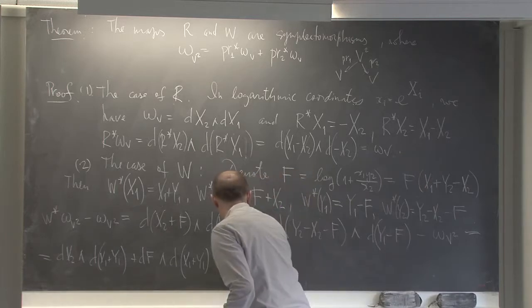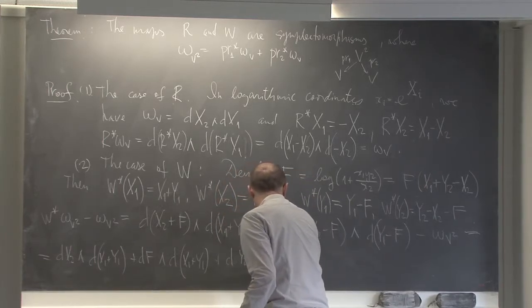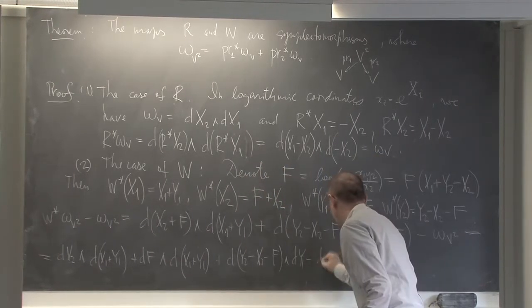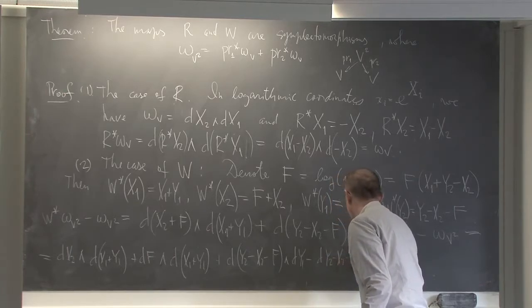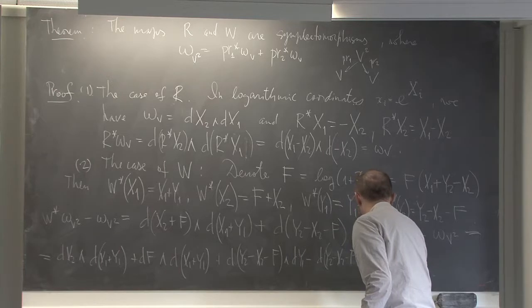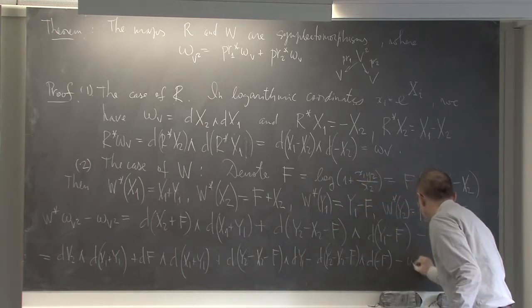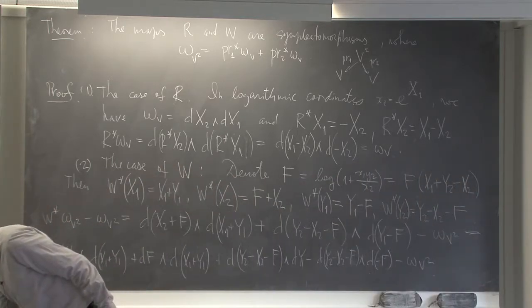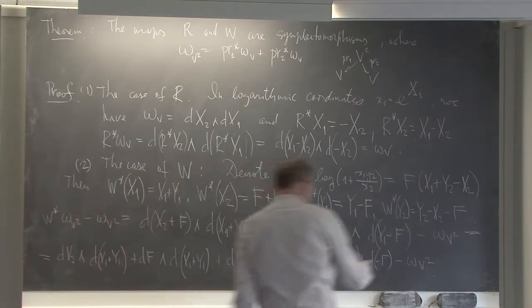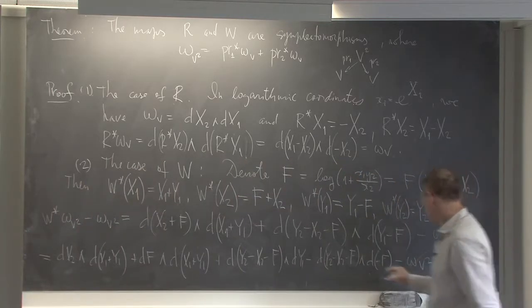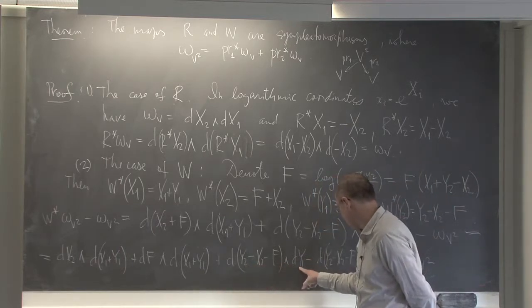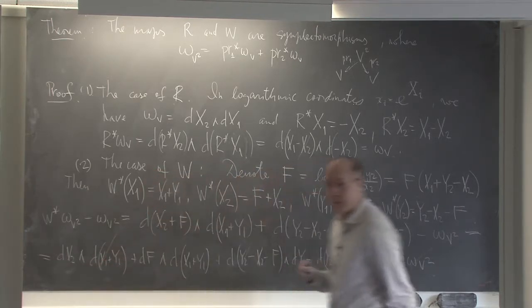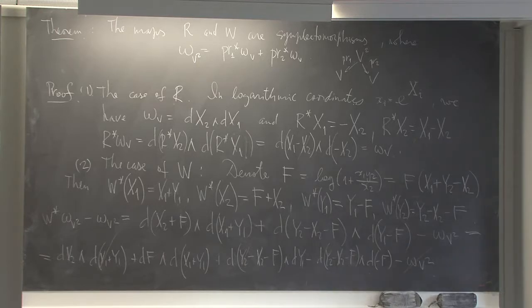So I write it like this. dy2 minus x2 minus f, which dy1 minus dy2 minus x2 minus f, which d minus f, minus omega v squared. And now we can just cancel the terms which correspond to omega v squared. And it is a term dy2 dy1 and dx2 dx1. Okay, and then we work with the rest.